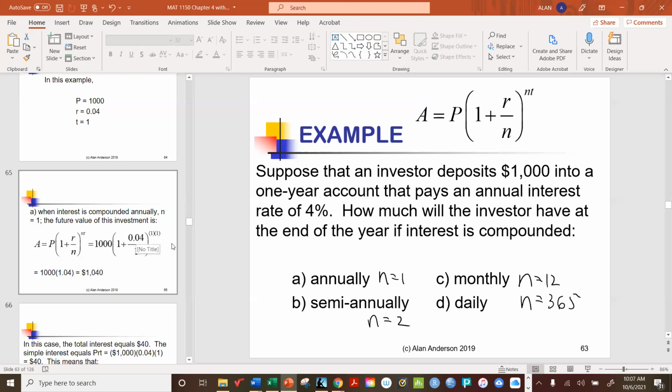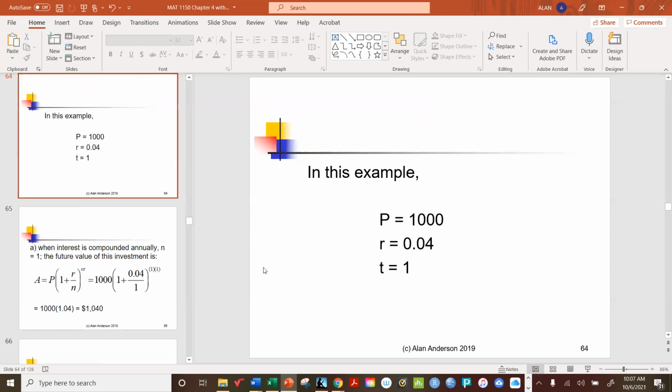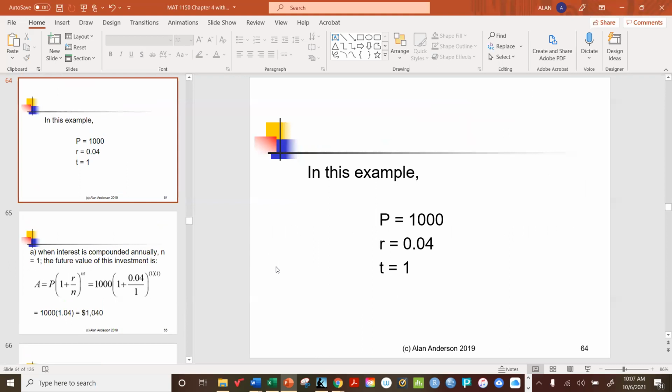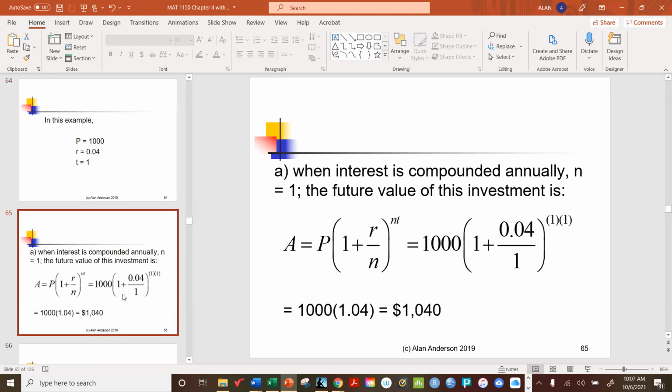All right. So let's see how we did for at least the first one. Those are the numbers that we'll have for all 4 cases. The principal is 1,000. The annual rate is 4%, and it's just a 1-year investment. This is a very simple example. So after 1 year, if you plug in those numbers, by the way, when you're doing these formulas, your strategy probably should be to simplify it.